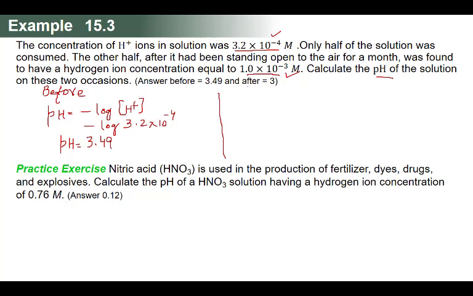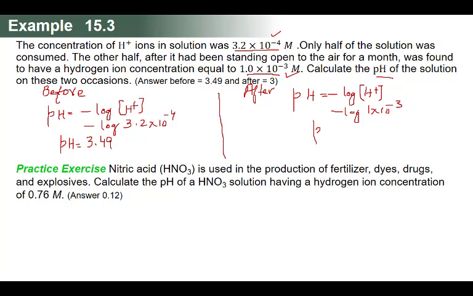And after opening the bottle, after 1 month, again the formula is the same, pH is equal to negative log hydrogen ion concentration, so minus log 1 into 10 raised to the power minus 3.